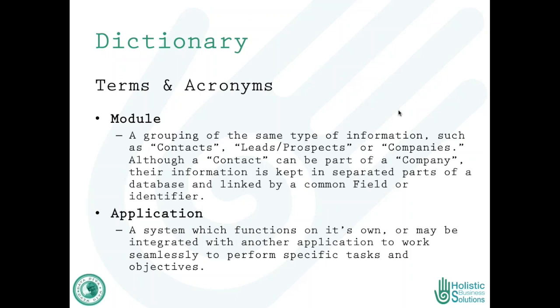So modules are linked to each other through a common field or identifier. And the application. A lot of people are very familiar with mobile app. App is a shortened terminology for application. An application is simply a system that performs specific tasks for you.